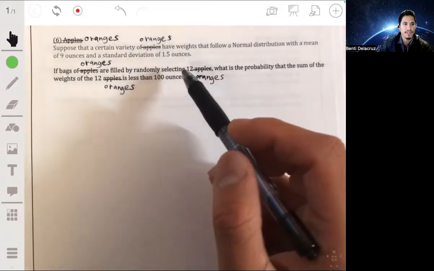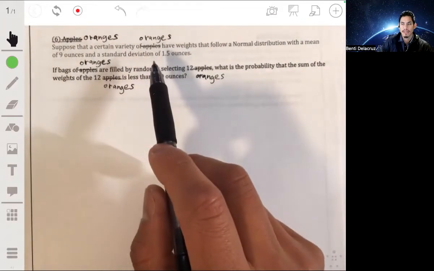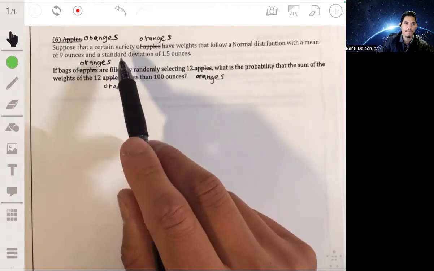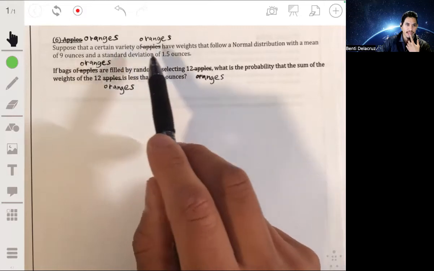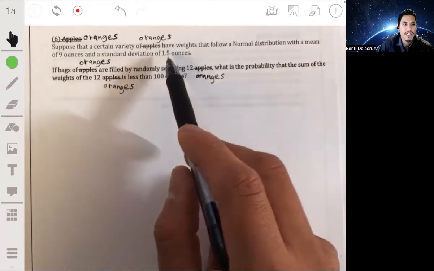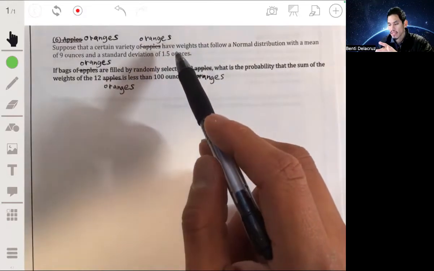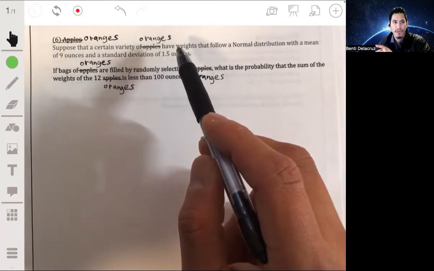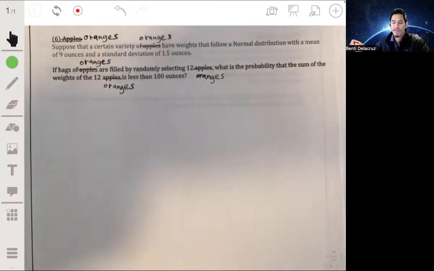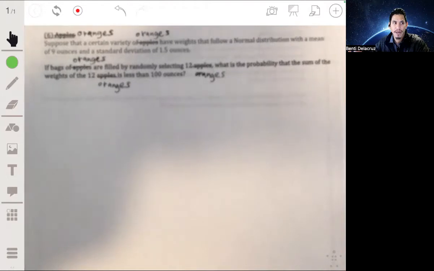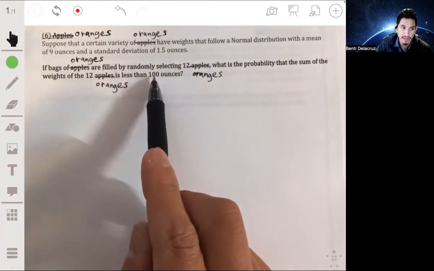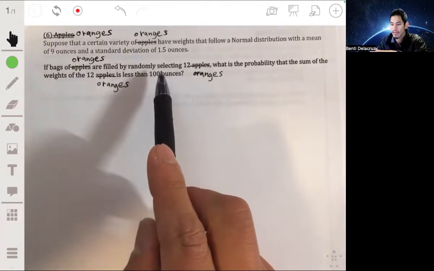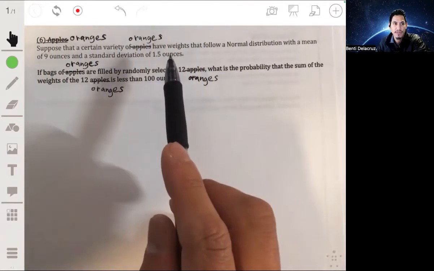Now, this isn't going to be as simple as doing what we did in chapter 2, where we find the probability in the normal curve with mean 9 and standard deviation 1.5, because this is only talking about selecting one orange. We want to select 12 oranges and figure out the probability of the total weight being less than 100 ounces, and that's a different distribution.